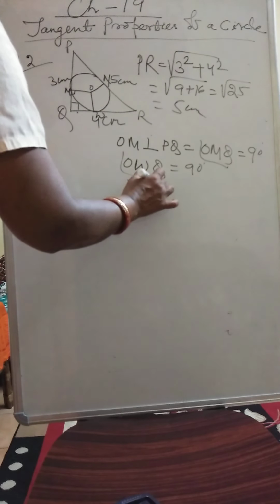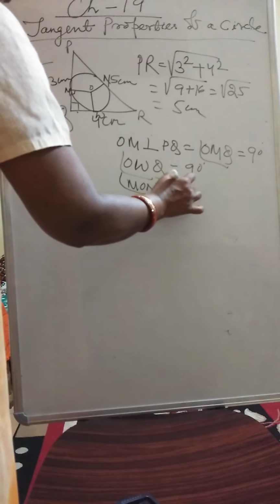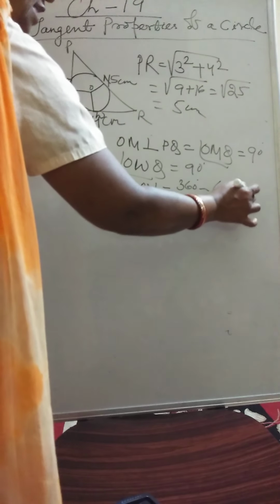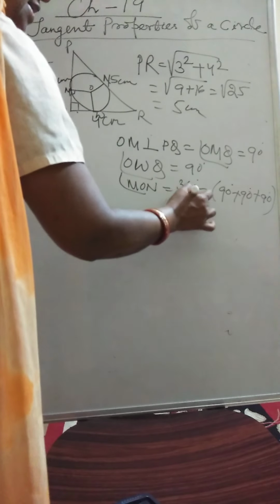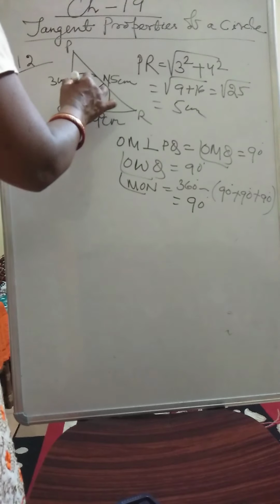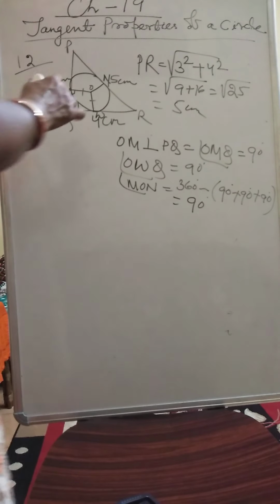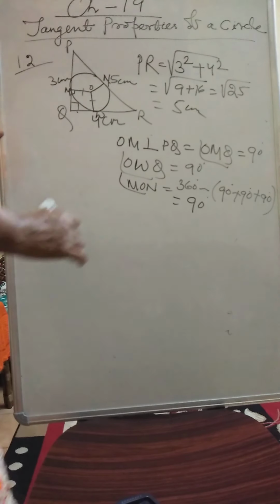Therefore, MON is 360 minus 90 plus 90 plus 90 degree. Now as it is equal, therefore I can say that it is a square. So all sides will be equal.